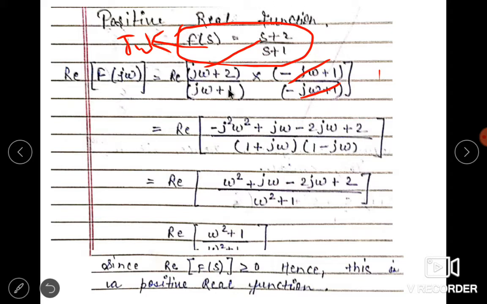And this is nothing but the j omega square. Means what is the value of, I would like to ask you, if you remember, what is the value of j square?